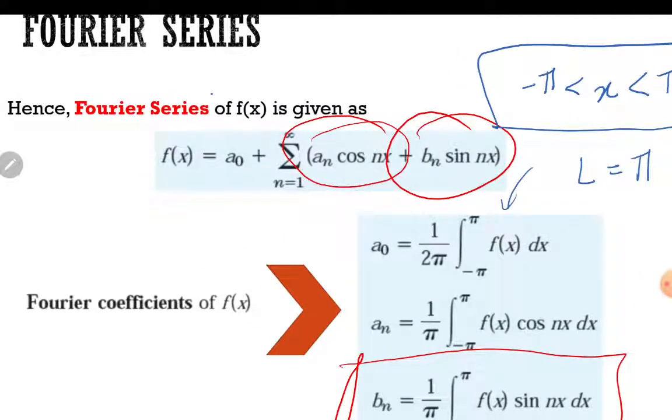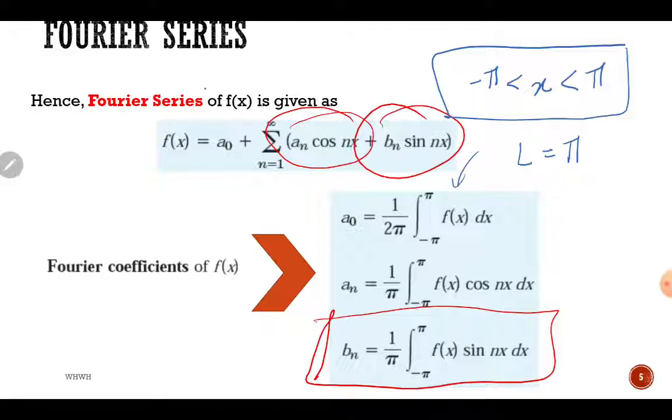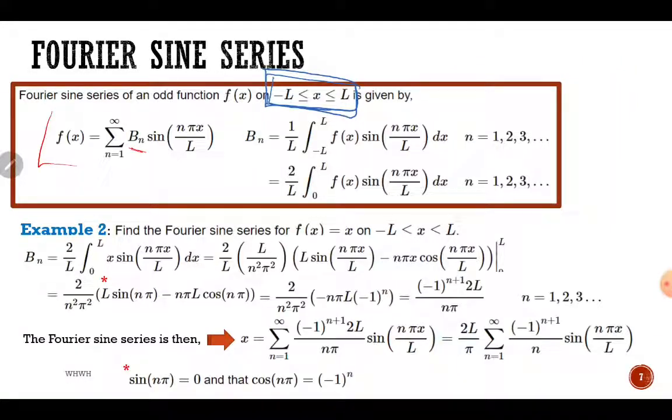So that's why the formula becomes integration 1 over 2 pi, integration of negative pi to pi f(x) dx. And here it just has cos nx. It doesn't have what we have now, n pi x over L.